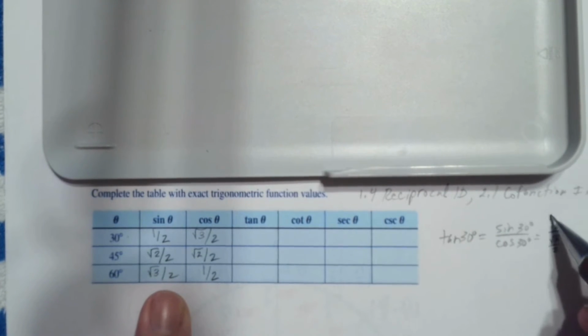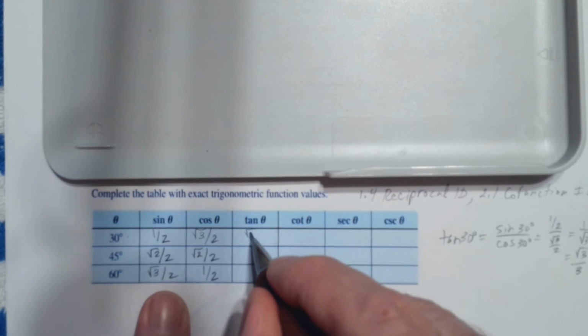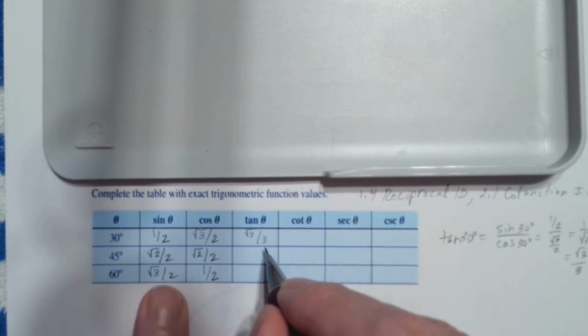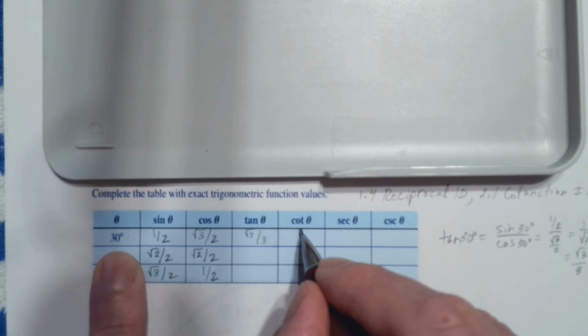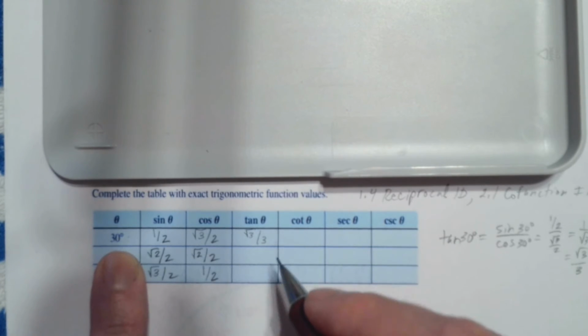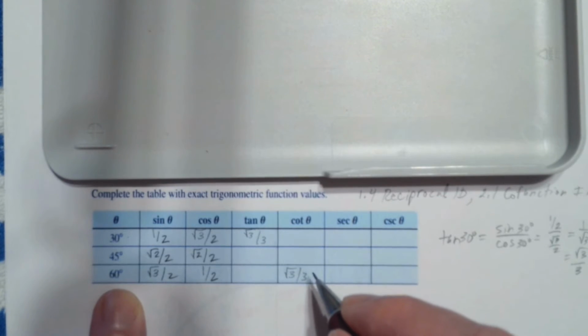When you simplify this, you get 1 over square root of 3. And when you rationalize that, you get the square root of 3 over 3. So if the tangent of 30 degrees is the square root of 3 over 3, we know that the cotangent of 60 degrees would be the square root of 3 over 3 as well.